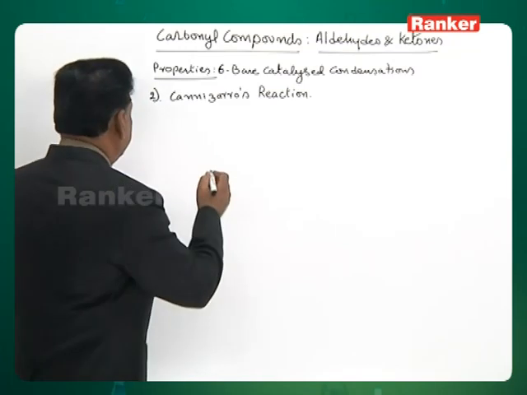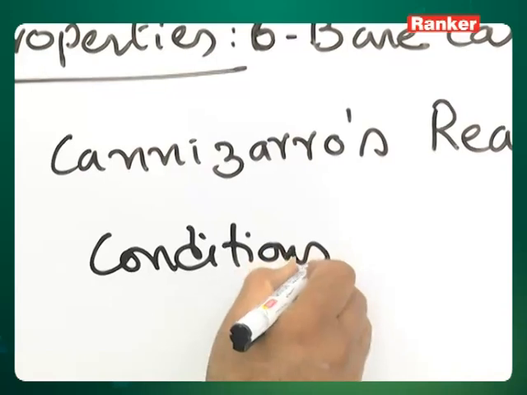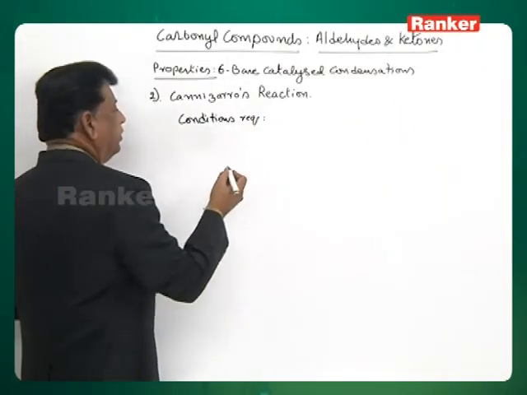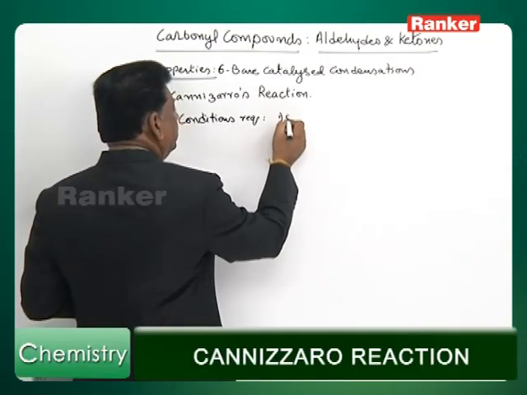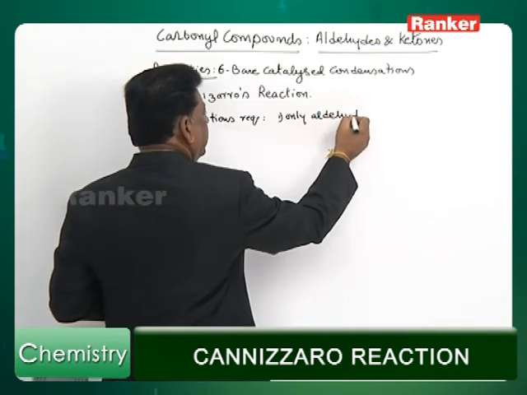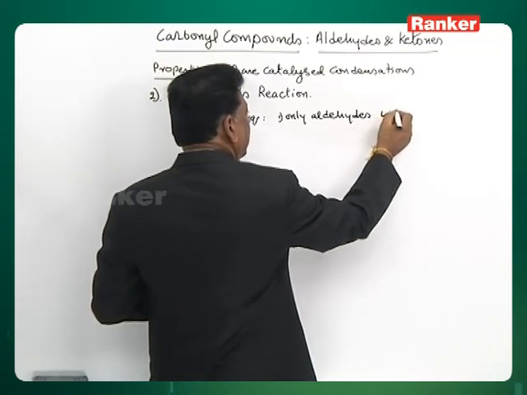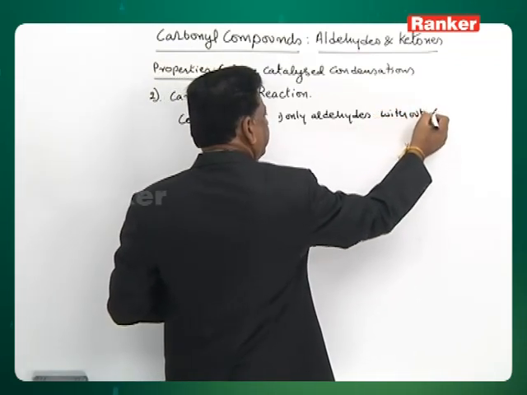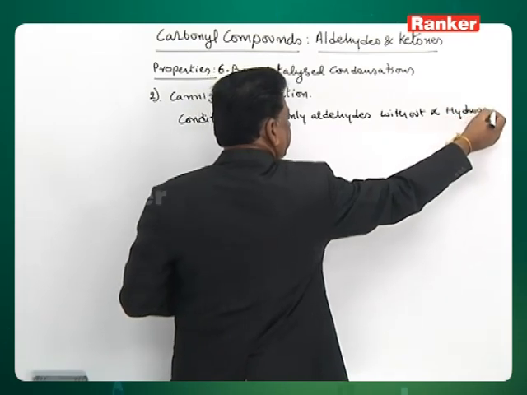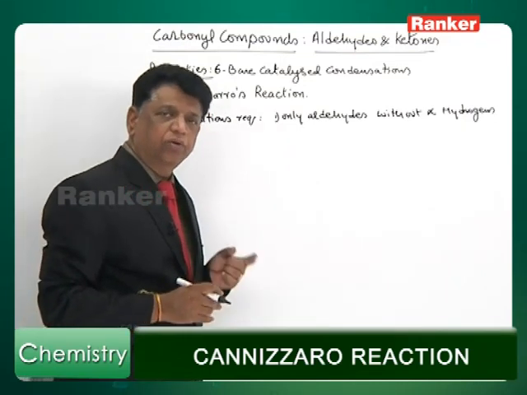And the conditions required here, what conditions are required for the Cannizzaro reaction? The first condition is only aldehydes, that too without alpha hydrogens. If a compound contains alpha hydrogens, it undergoes aldol.